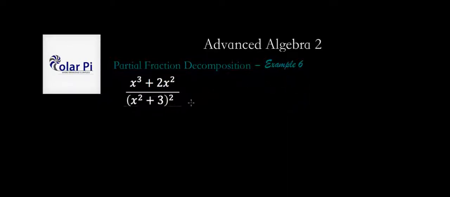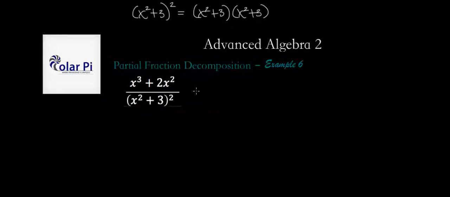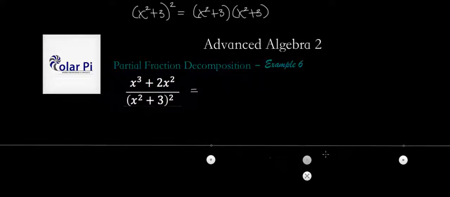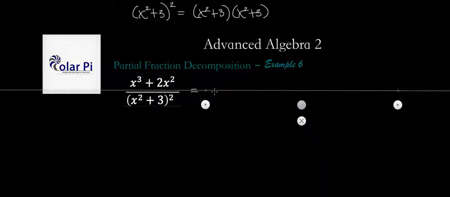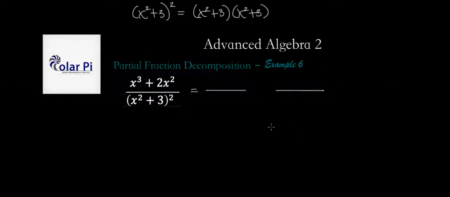Hey guys, welcome. So, example 6 here, and as per promise, we have a repeated quadratic denominator this time. Since we have x squared plus 3 squared, repeated twice, x squared plus 3 times x squared plus 3, what we have to do is pay attention to that number right there, which tells us how many rational expressions we're going to have on the right side of that equal sign, and we're going to have two.